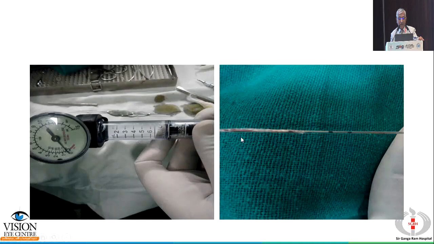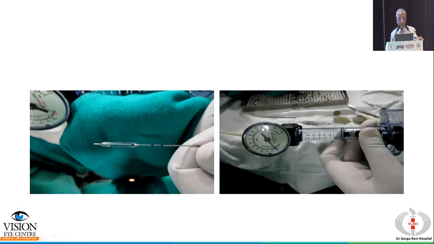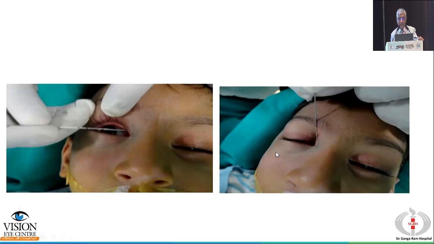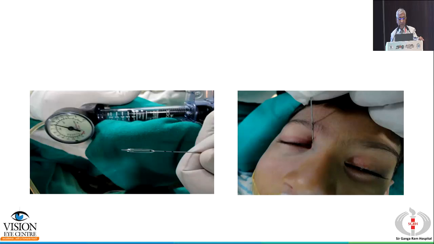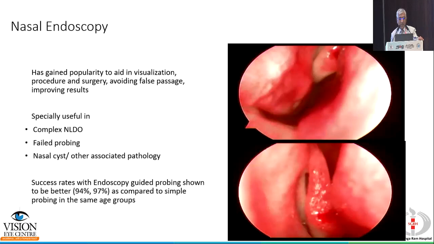And this is the device where the inflation is done by air injection, the pressure you can make out, and this is the balloon that dilates. And at the defined pressures that we spoke about, this dilatation is carried out after the probe and the balloon is in position. And this is how the pressure is maintained for the required duration, and then it is removed.